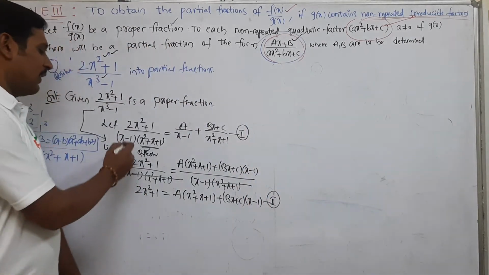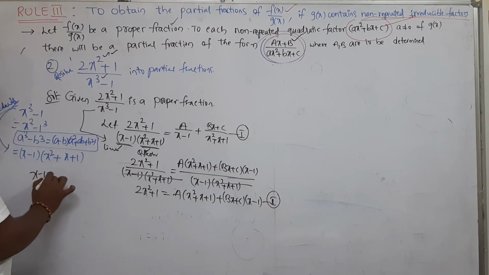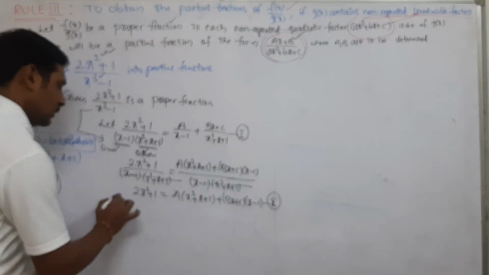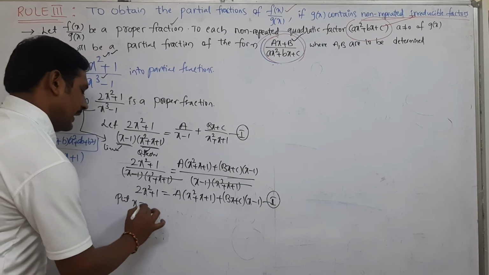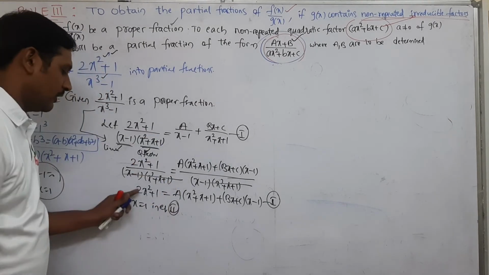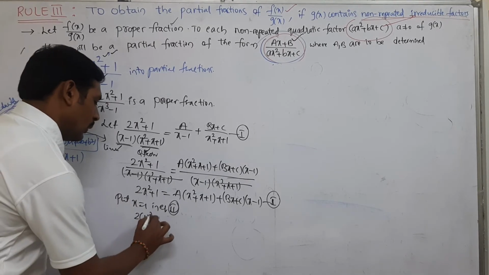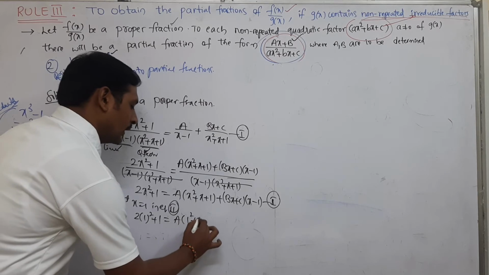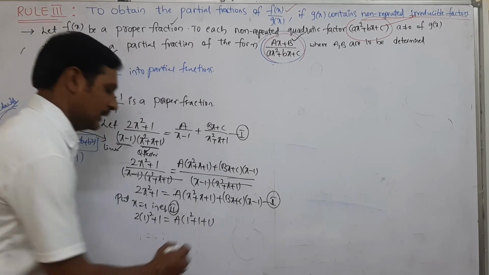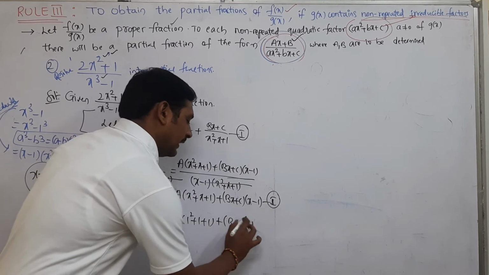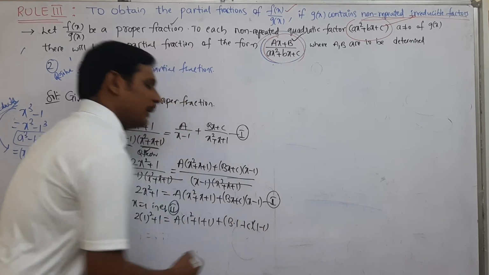Now we have only one factor. What is that? x minus 1. So when we take x minus 1 equal to 0, x equals 1. So let us take x value 1 in equation number 2. What do you get? 2 into 1 square plus 1 is equal to a into 1 square plus 1 plus 1 plus b into 1 plus c into 1 minus 1.